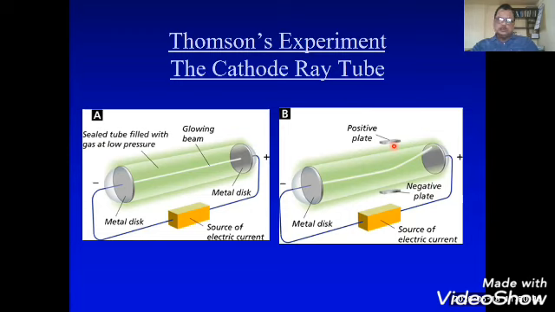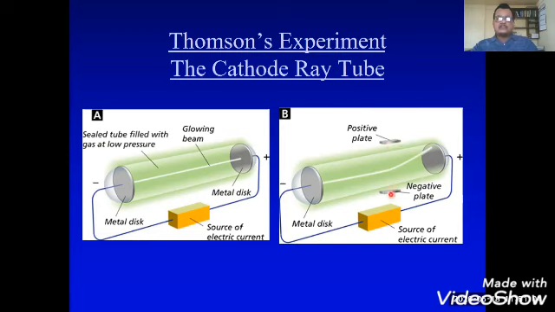So from this experiment, that cathode rays get attracted toward the positive plate, it was established that cathode rays contain negatively charged particles. Otherwise, had the particles been neutral, the cathode ray would not have got deflected.